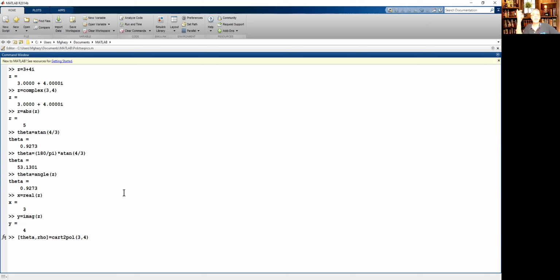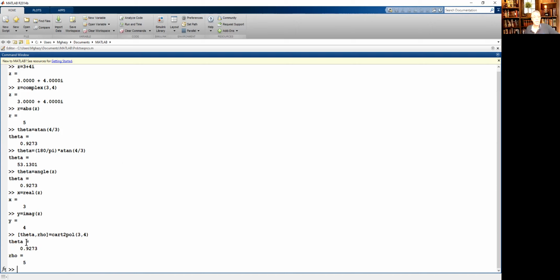I expect it's going to give me the magnitude and the angle, so you can represent it in polar form. So let's hit and see what's happening. All right, that's what you got. Theta is equal to 0.9273, we did it before here. And rho is equal to 5. We did that the first time, the absolute value. So there is one command that gives you two things.